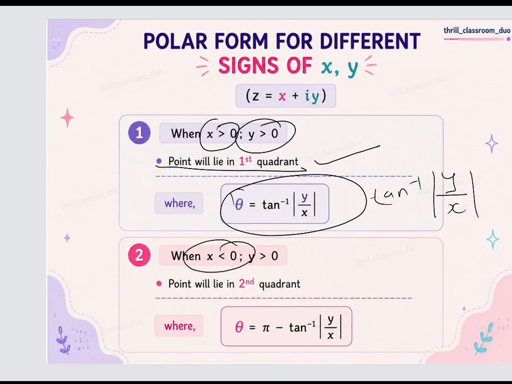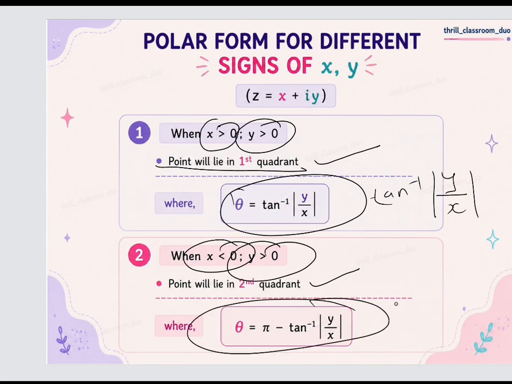When x is less than 0 and y is greater than 0, the point lies in the second quadrant, where the value of theta is pi minus tan inverse modulus y upon x.